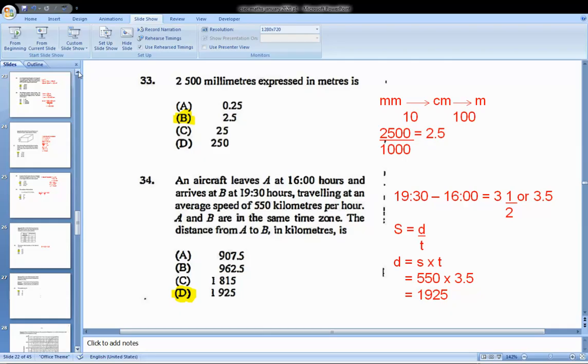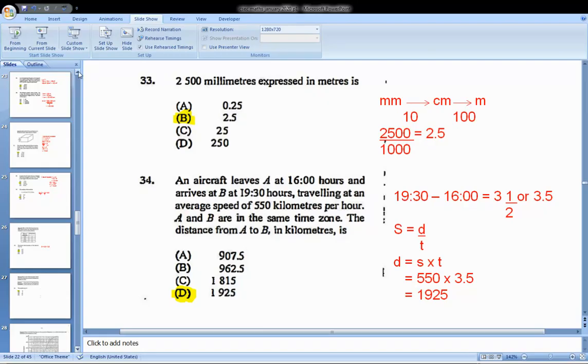Now, we know that speed is equal to distance over time. Since we want to find the distance from A to B in kilometers, we rearrange to make d the subject of the formula, so d equals speed times time.